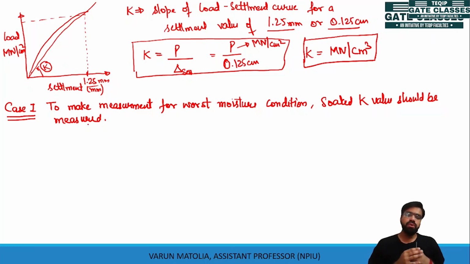Soaked K value is what? Soaked means you apply water at that location, soak it for some time, and then the test is done. Soaked condition gives you a critical value of this modulus of subgrade reaction, so that we can make the arrangement safe, because at some time in the lifespan of that pavement there will be a condition of water logging, maybe heavy rainfall, maybe some flood.